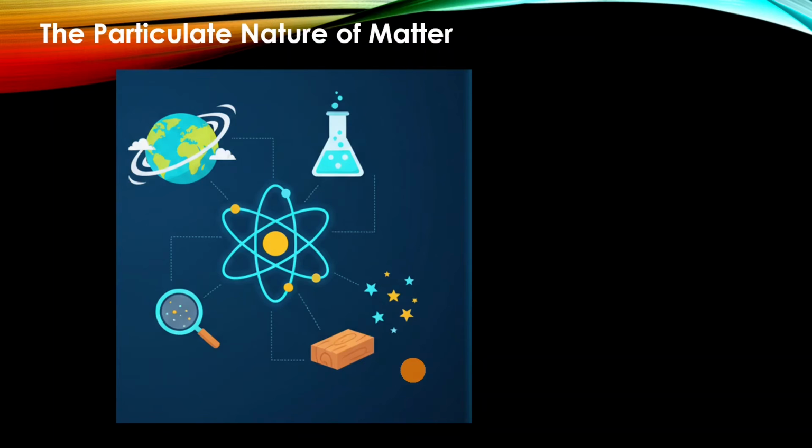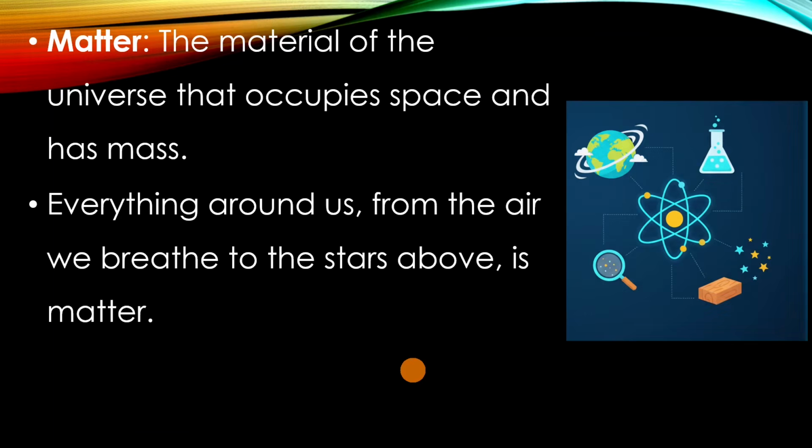So when we look at the nature of matter, we are looking at the study of how matter is. So let's remind ourselves, what is matter? Matter is the material of the universe that occupies space and has mass. What do we mean?